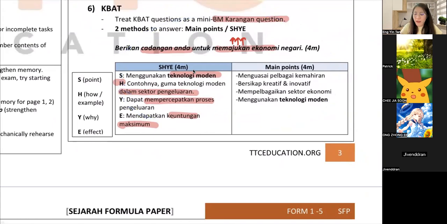I would like to explain a little bit on the exam format. I believe you guys know your exam format, right? Anyone here not sure of your SPM Sejarah paper format? If you're not sure, it's okay. I know some of you are very shy to ask, just in case.